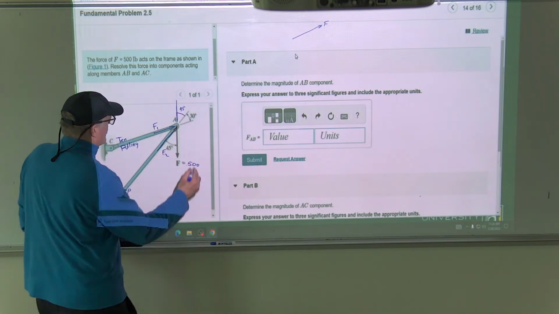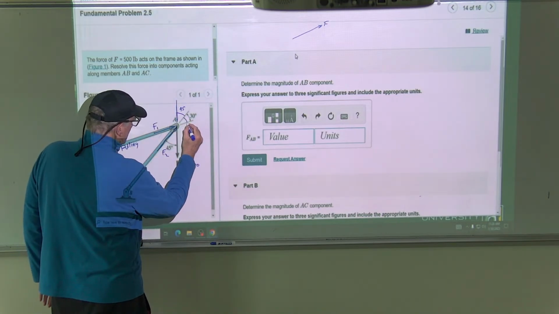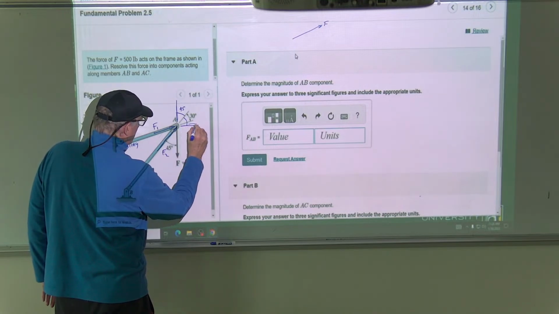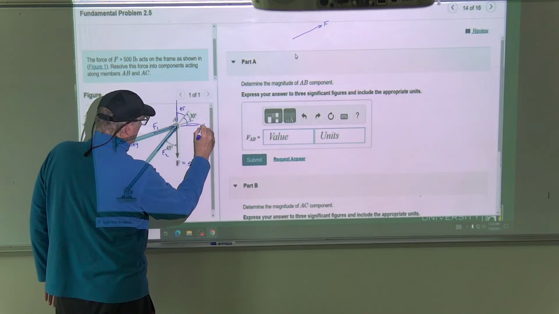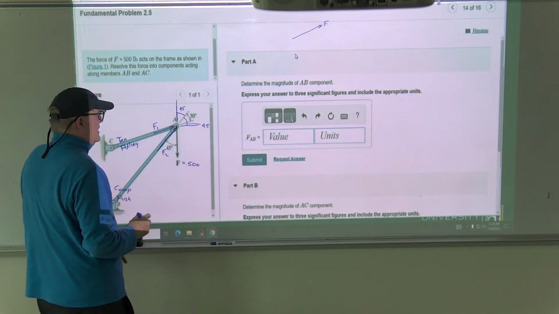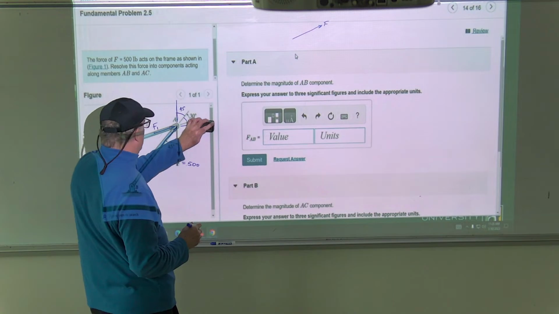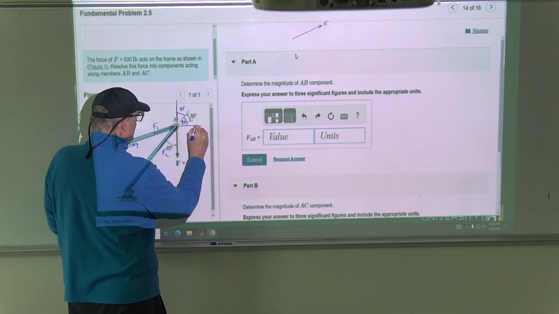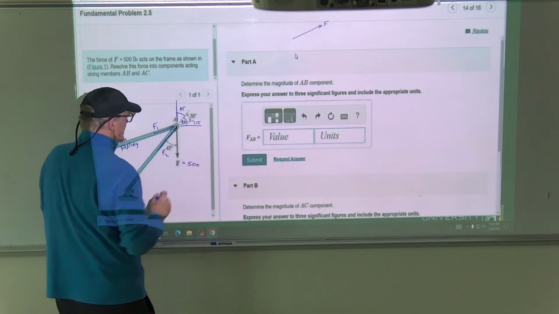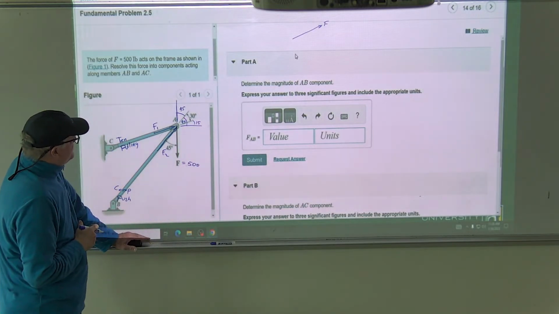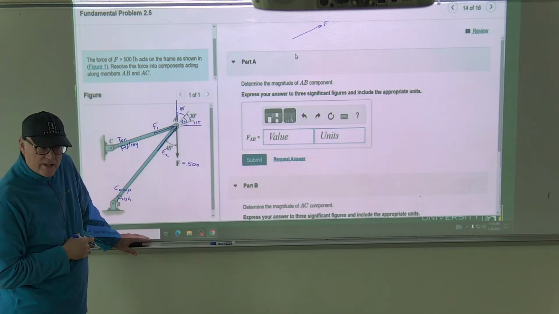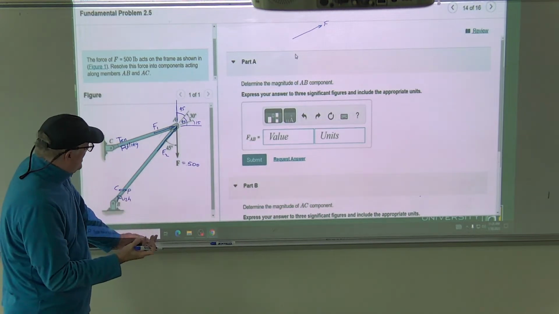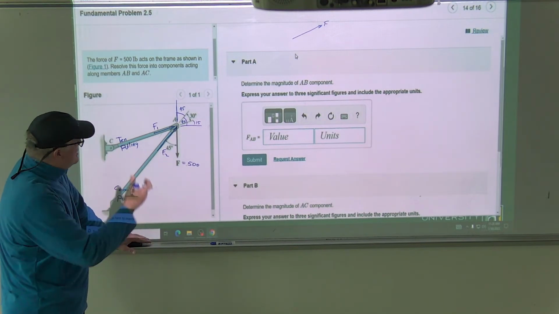So if that's 45, that's got to be 45. Okay, hang on. So the blue line's 45. You know what? Maybe I should put that 45 back over here. So this is 45. So that makes that 15. Am I right? Does that make sense? So you've got 15, 30, that's 45. Another 45 gives you 90, and you're okay.